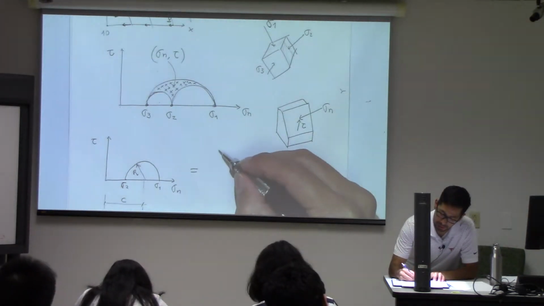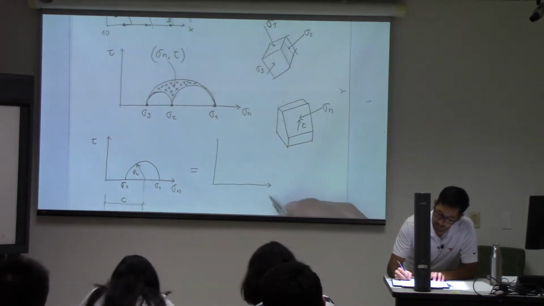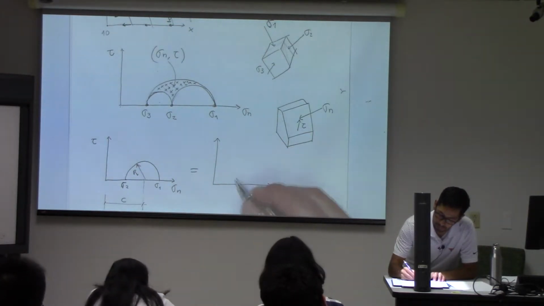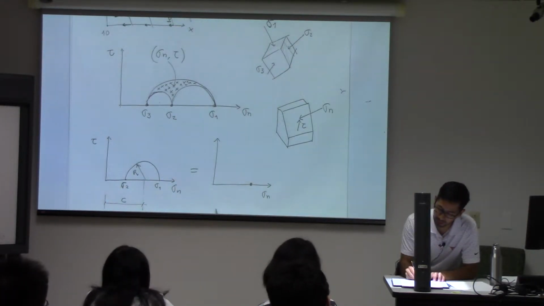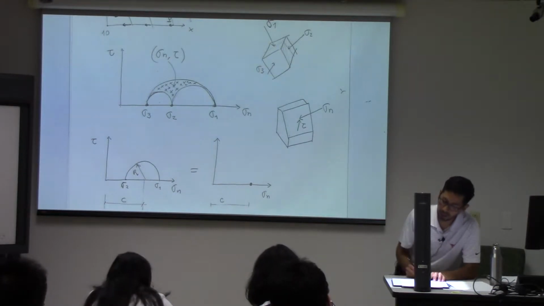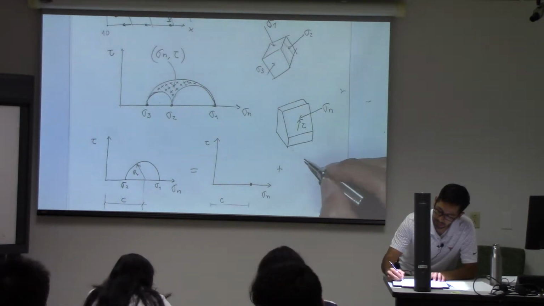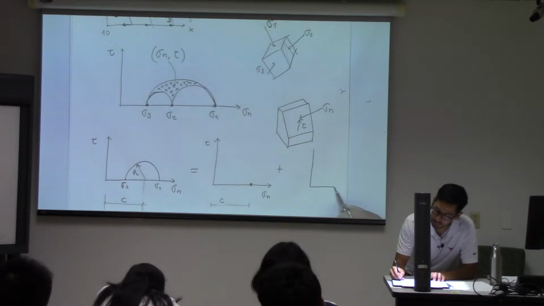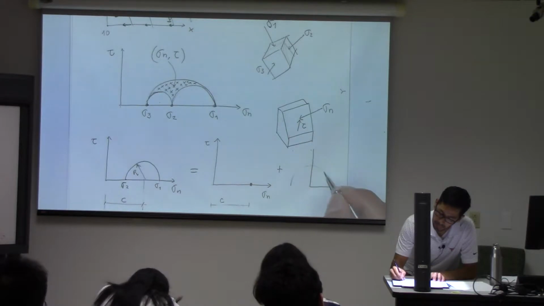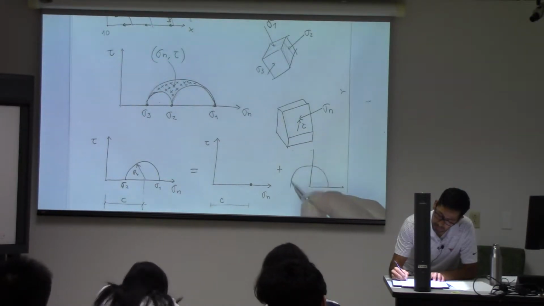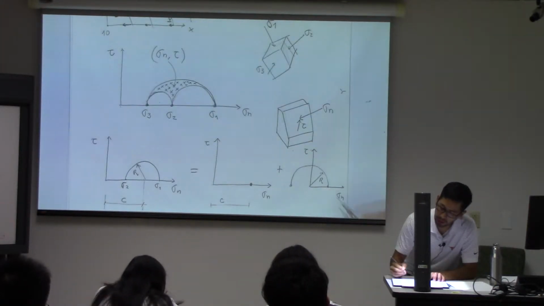And I can also say that that Mohr circle is equal to this Mohr circle, which is just a dot over there, located at the distance c, plus another Mohr circle with the radius r.